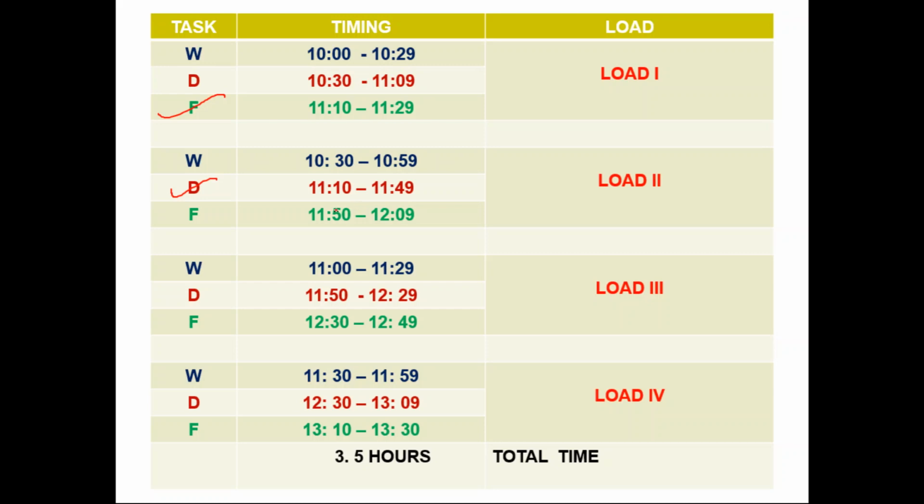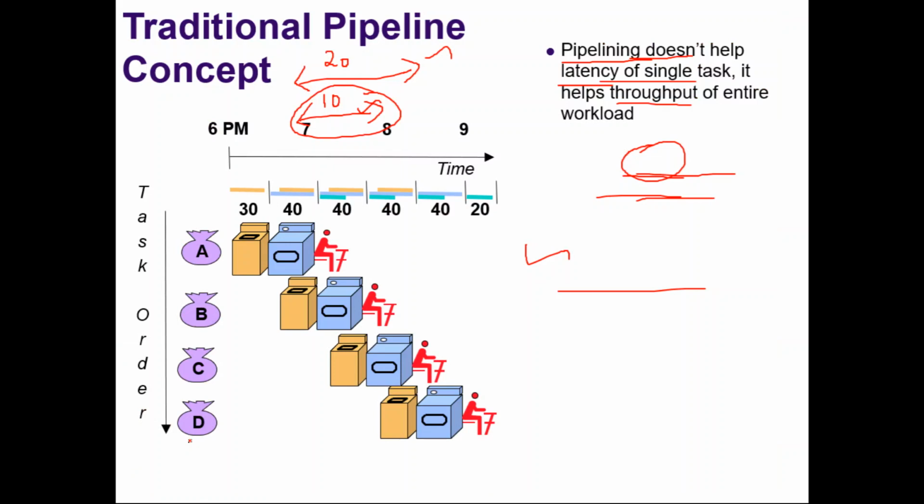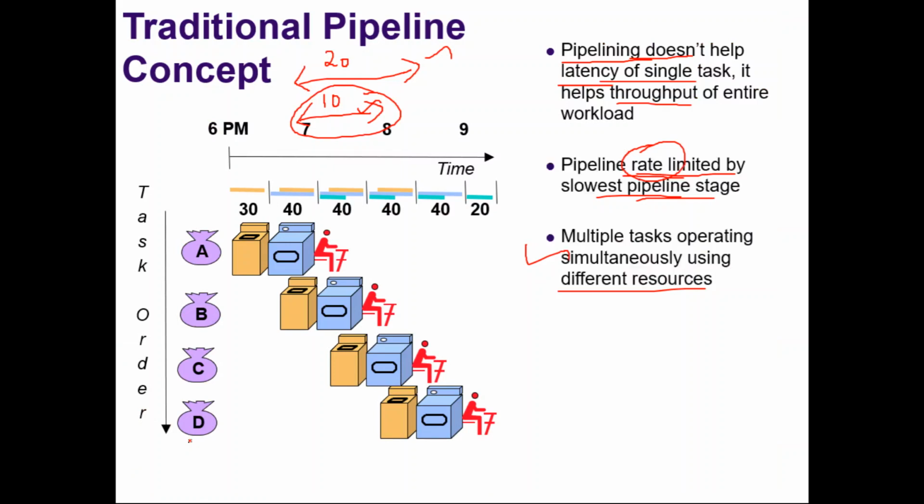So like that, multiple jobs are getting executed at the same time. So basically this is what pipelining does, so that the throughput is getting improved. So the potential speed up of the pipeline will be proportional to the number of stages.